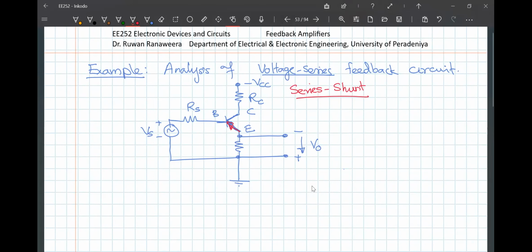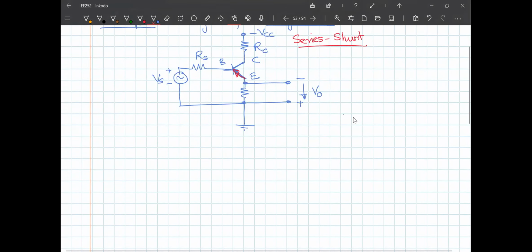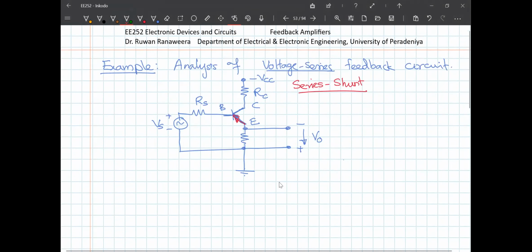Now what do we do? So we have this series-shunt circuit. What is the first step that we need to do? Let me mark that here. The first step, step 1 in analyzing this. So we know that this is a voltage amplifier circuit.